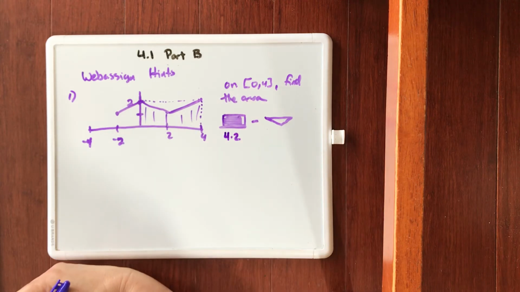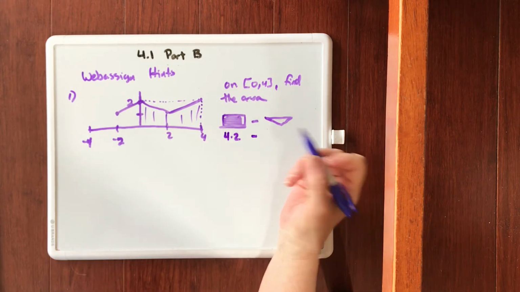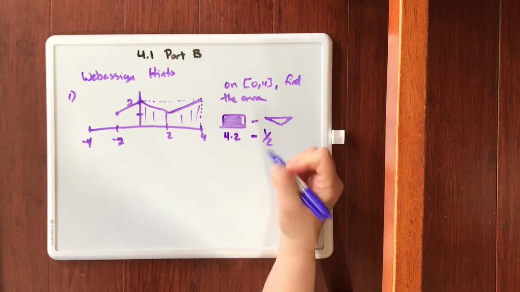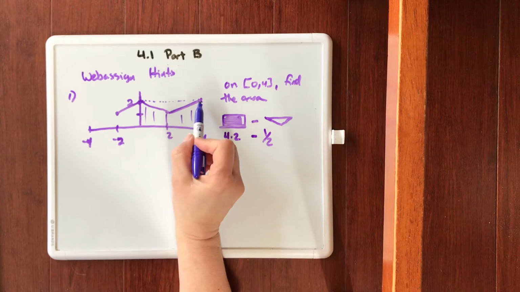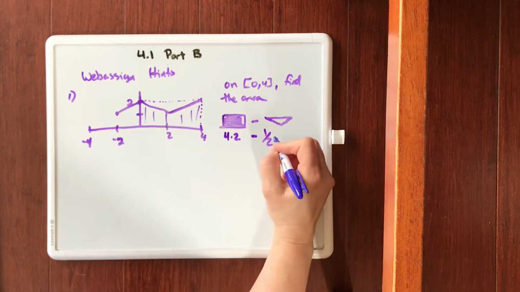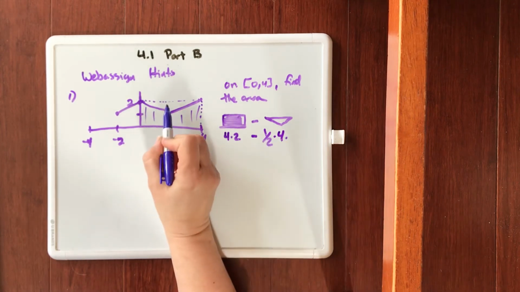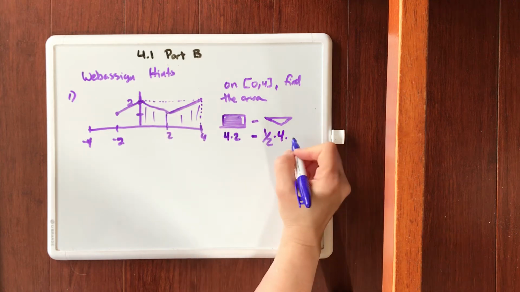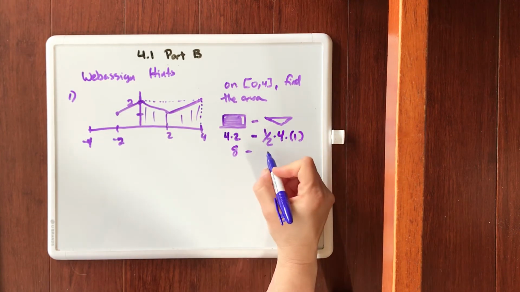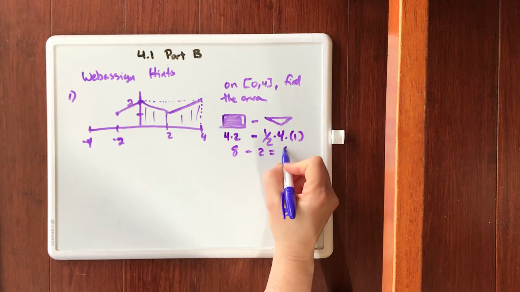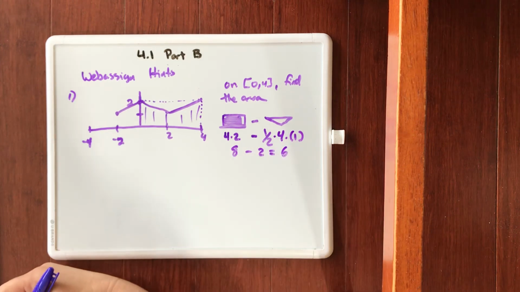And we subtract the area of the triangle, which is 1/2 base times height. 1/2, we'll call this the base, 4, times the height from here to here is just 1 unit. So we have 8 minus 2, which equals 6 units squared.